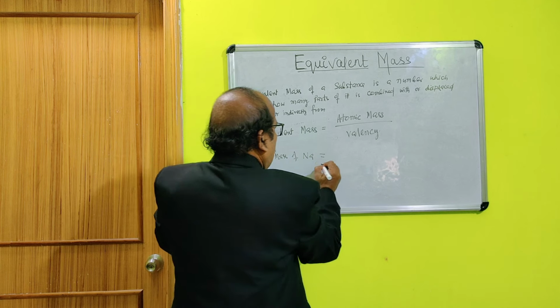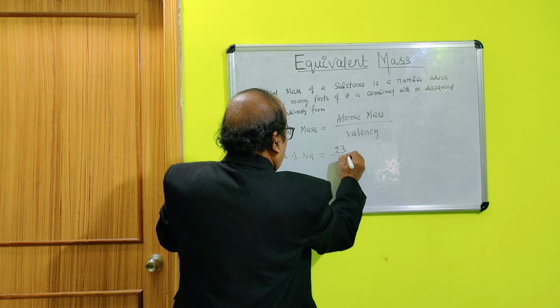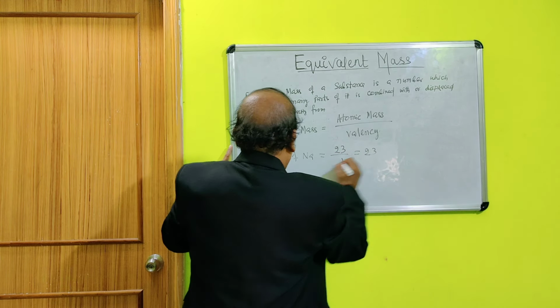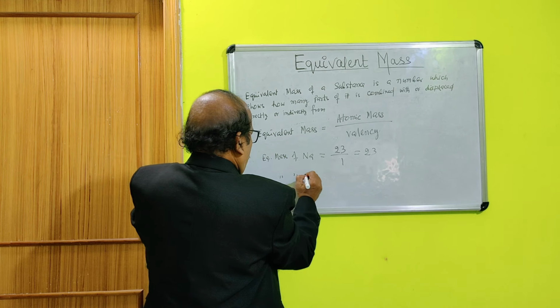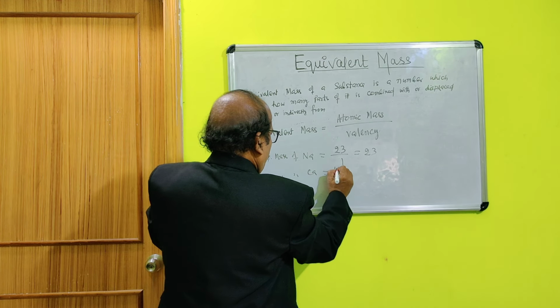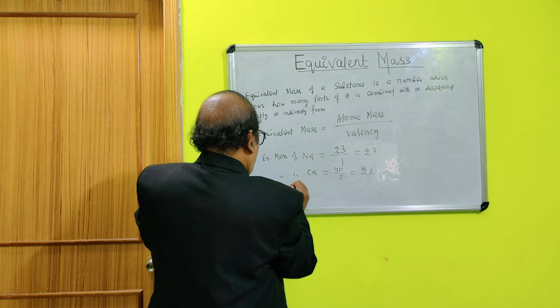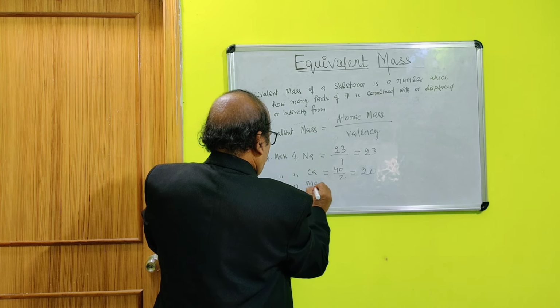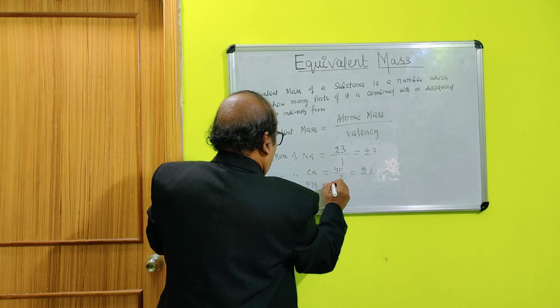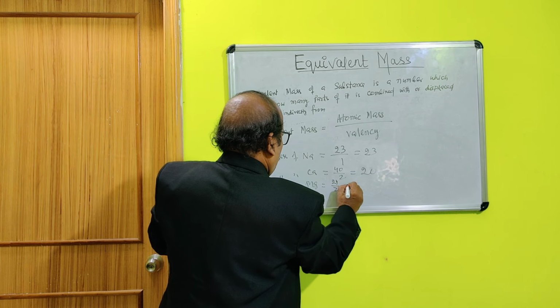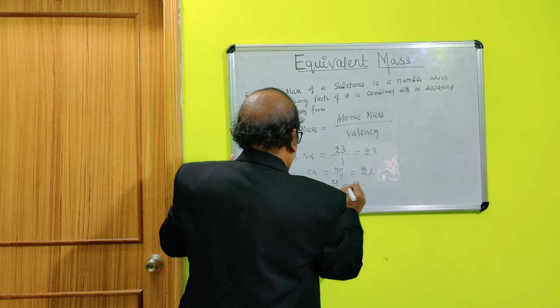sodium is 23 atomic mass by 1, equal to 23. Equivalent mass of calcium is 40 by 2, equal to 20. Equivalent mass of magnesium is 24 by 2, equal to 12.